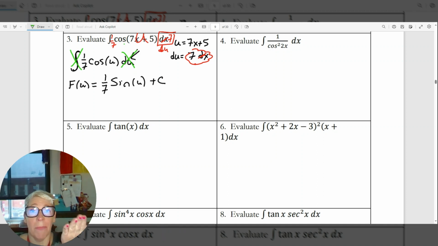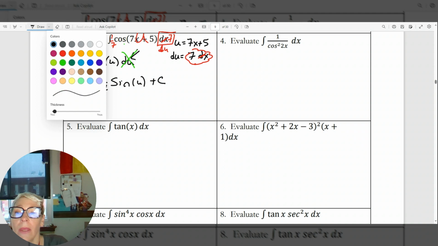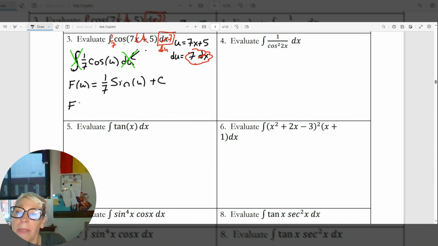They're inverse operations, so they cancel each other out. So it's gone. All right, and then our last step is to put it back in terms of x. So we have 1/7 the sine of u, which we call 7x plus 5, plus c.